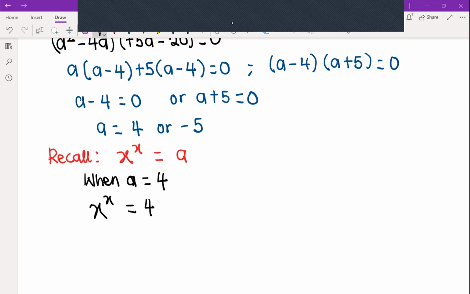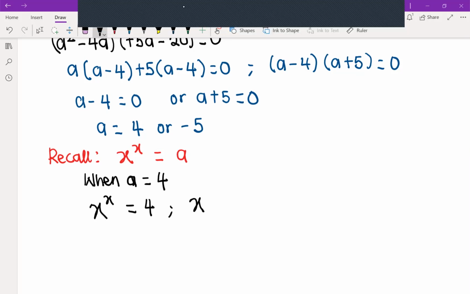On my left hand side, that's an index number, a number with a power. So what do I do here now? I can also rewrite the value on my right hand side in index form. I can have x raised to power x equals 2 raised to power 2, because 2 raised to power 2 will give us 4.